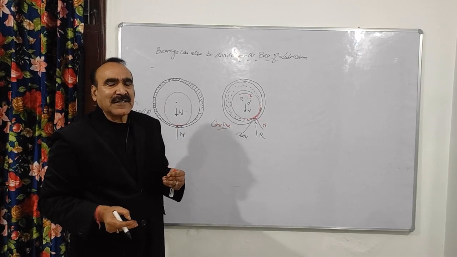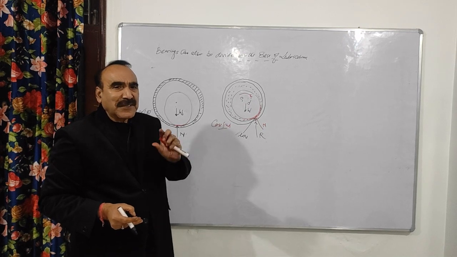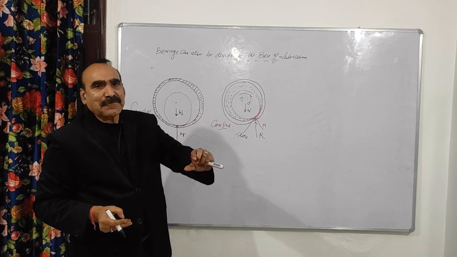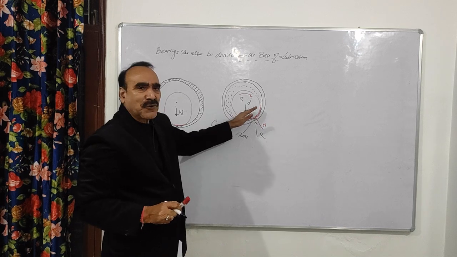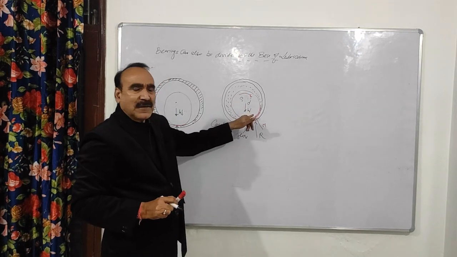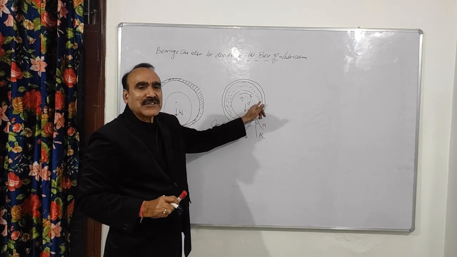It has not attained the complete operative speed. Within that period, from 0 to operative speed, it is not at the full operative speed. In this case, the lubricant starts climbing towards the right side.